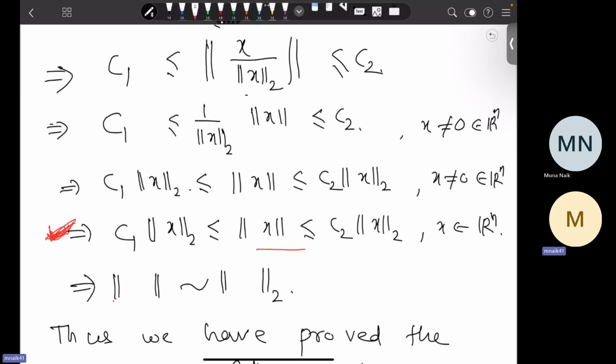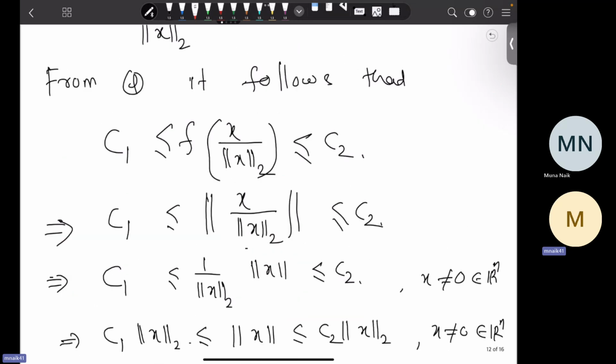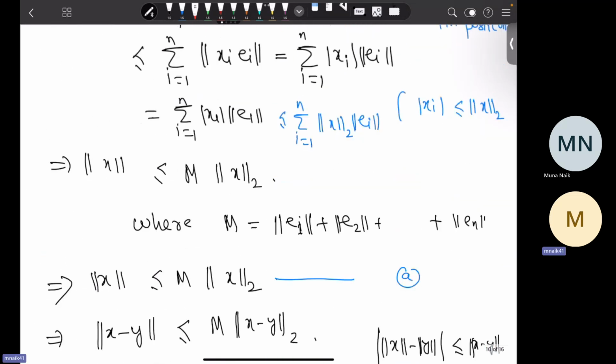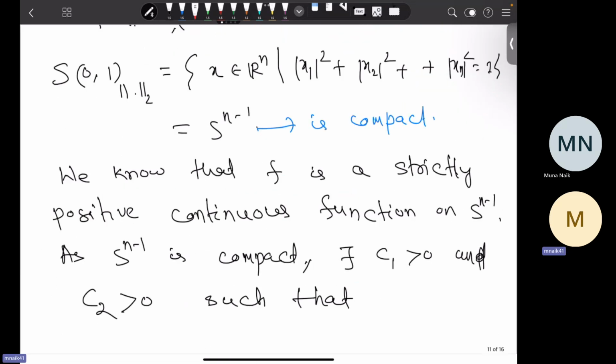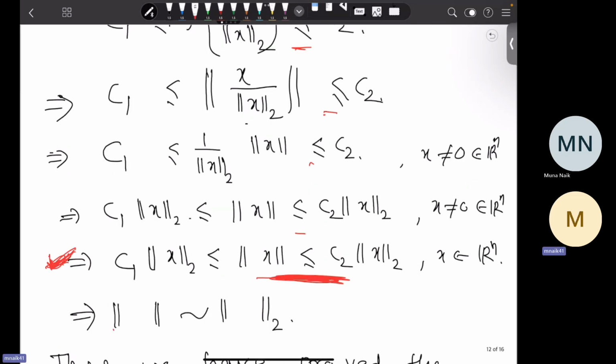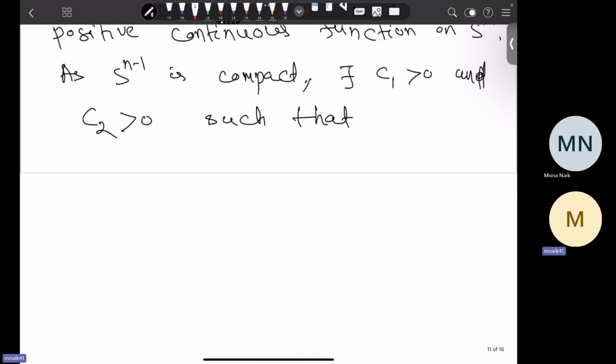But one side of this inequality, this side, we have already proved previously, in A. So that one side is technically not needed for the proof, but I deliberately kept the other side for some reason, which we will understand in later classes.